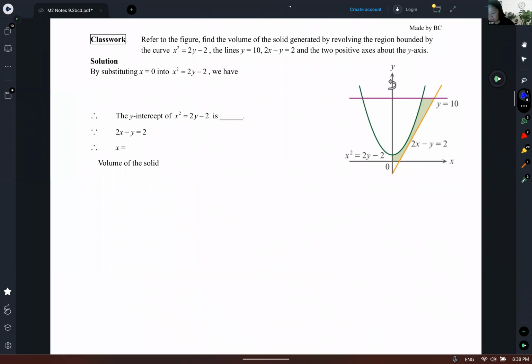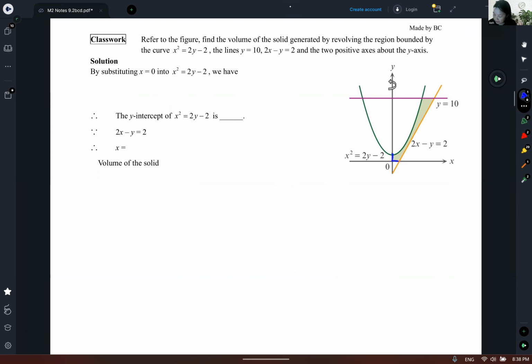Refer to the figure, the volume of the solid generated by revolving the region bounded by the curve, the lines, and the positive axis. Still, they're very small, but you must see these two, positive and positive.